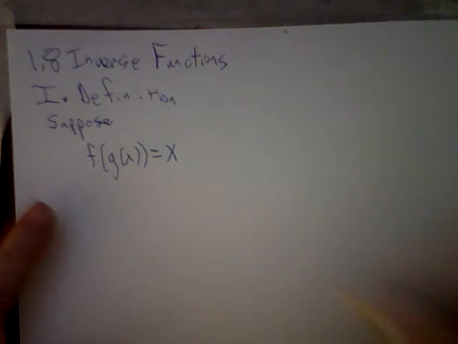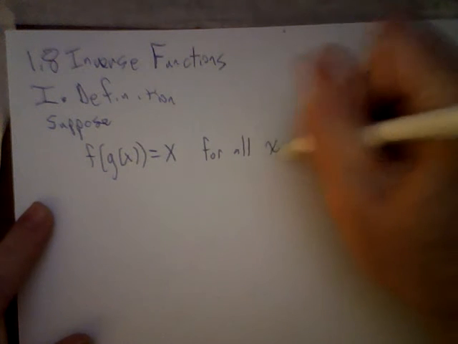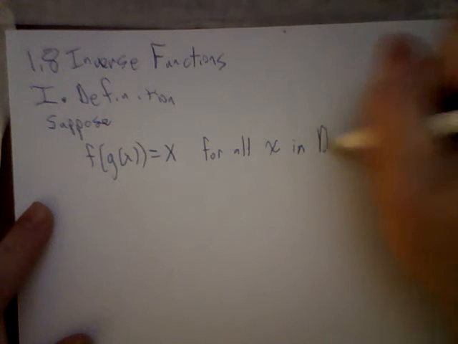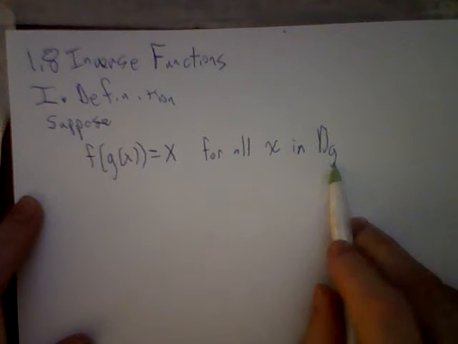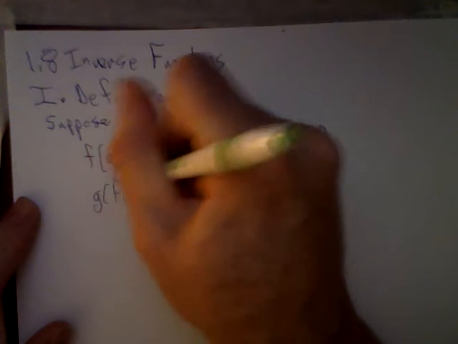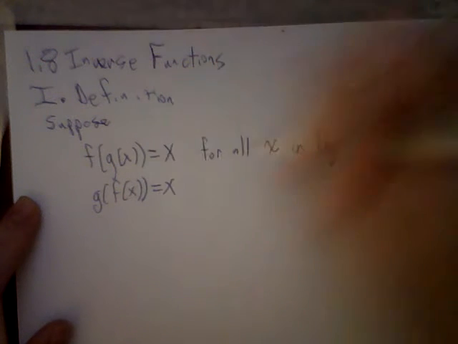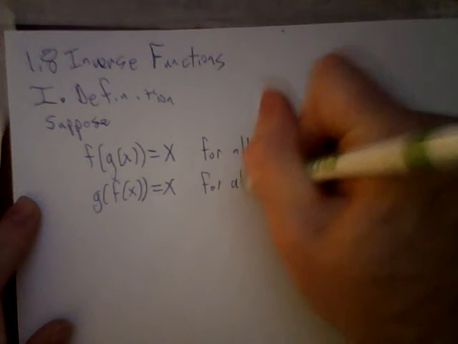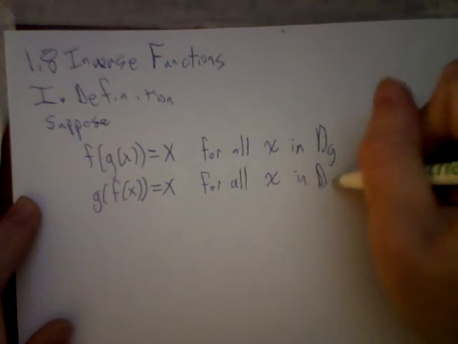It's like an identity function for all x in the domain of g. So we'll abbreviate domain of g as big D, little g there. And you also need g of f of x to work like an identity function. So this will output an x for all x in the domain of f.